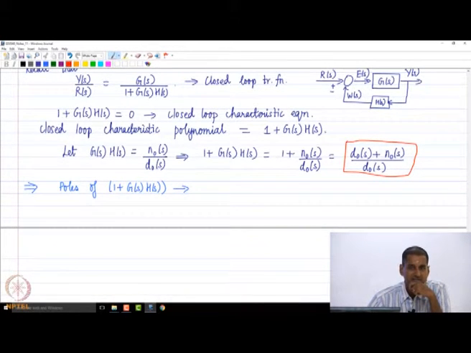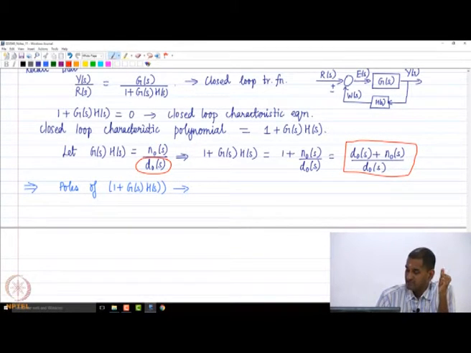DO of s. What are the roots of DO of s called? Poles of what? Open loop poles. Please remember that, because DO of s is the denominator polynomial of the open loop transfer function. So, immediately you see that the poles of 1 plus G of s H of s are the open loop poles.